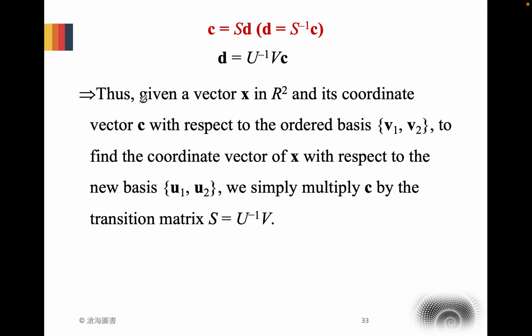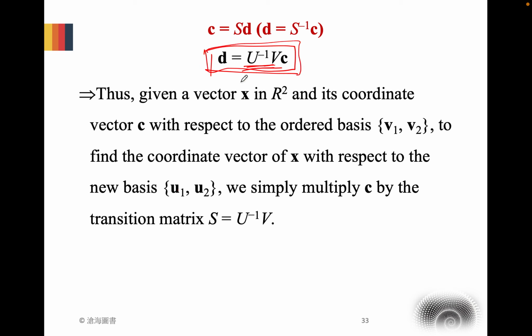Okay, thus given the vector x in R2 and its coordinate vector C with respect to the ordered basis V1, V2, if we want to find the coordinate vector of x with respect to U1, U2, we simply multiply C by the transition matrix S. That is U inverse V. So just take a look at this equation.